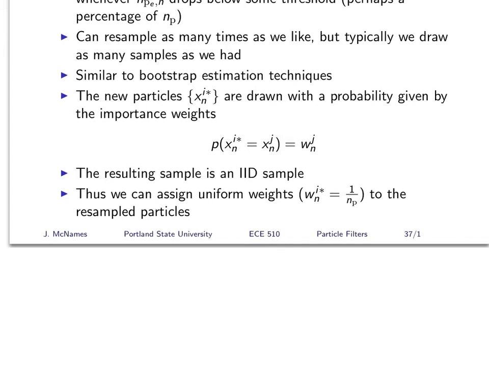I probably should have put 0 to n here rather than just n, because it's the entire trajectory that we're grabbing, not just the state at that particular time. So the weights, in this case, you can interpret as a probability.